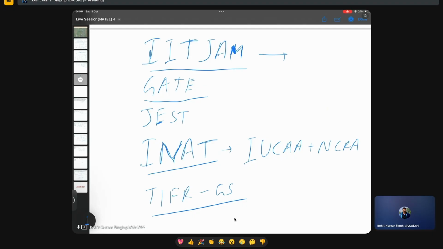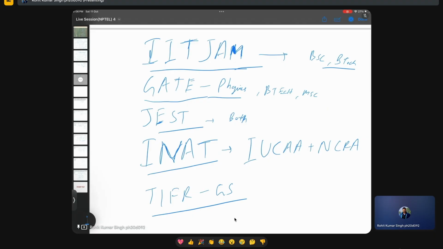I don't know if BSc students can write that. For GATE physics, I think BTech or MSc is required. But for IIT JAM, both BSc and BTech people can write it. JEST, both can write. JEST is for research institutes all over India. TIFR is also included here.